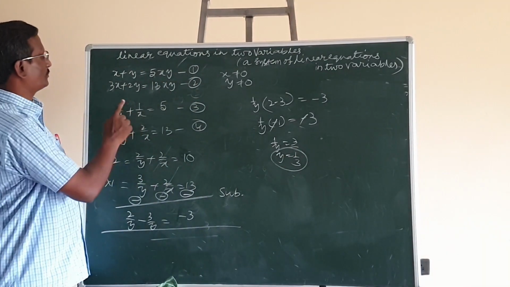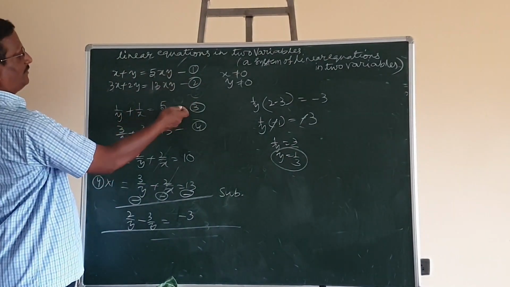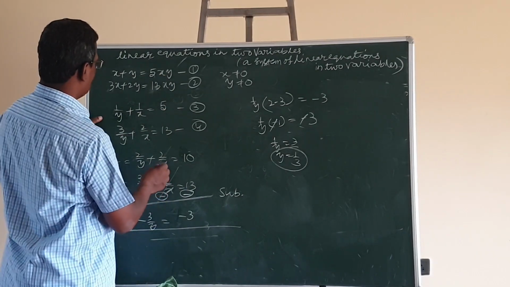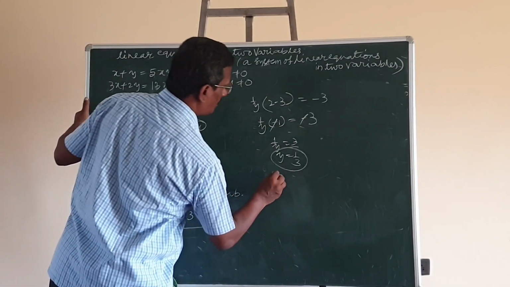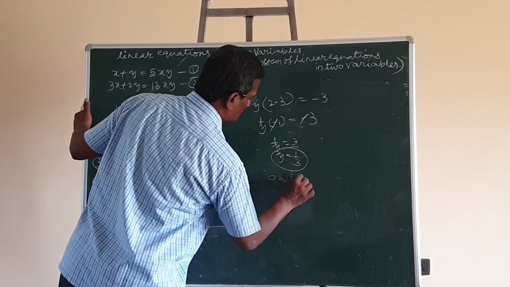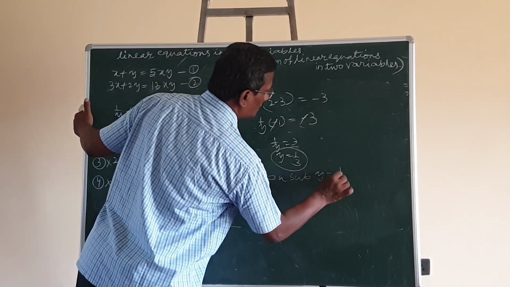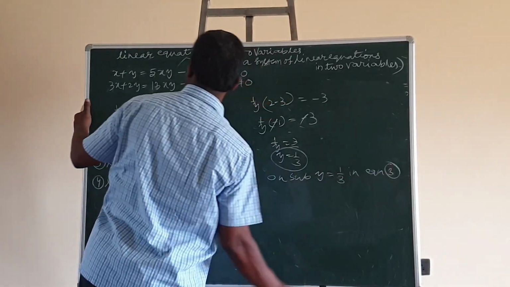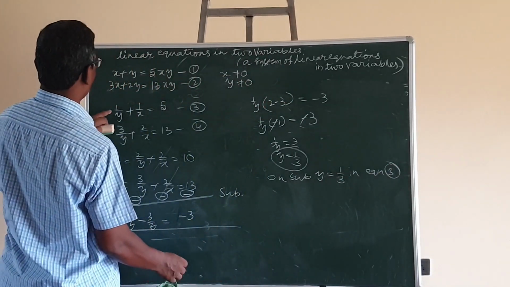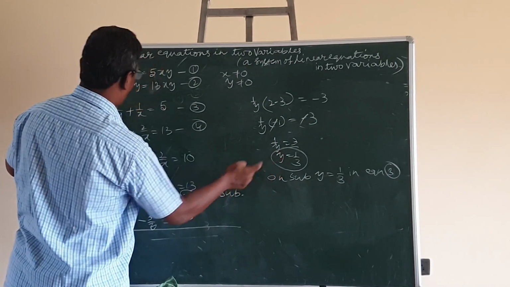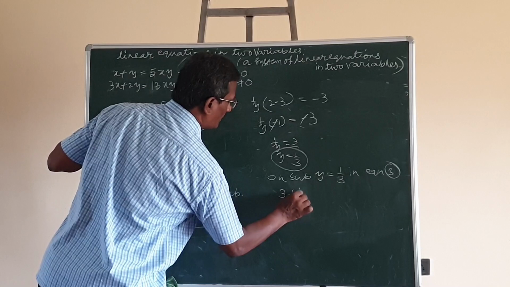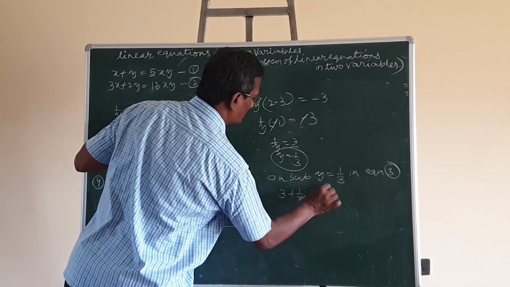This y we have to substitute either in equation 3 or 4, whichever is easy. This is equation 3. On substituting y is equal to 1 by 3 in equation 3, 1 by y is equal to 3, plus 1 by x is equal to 5.